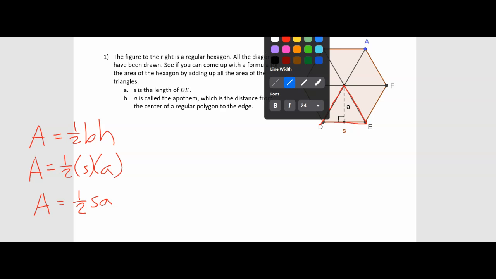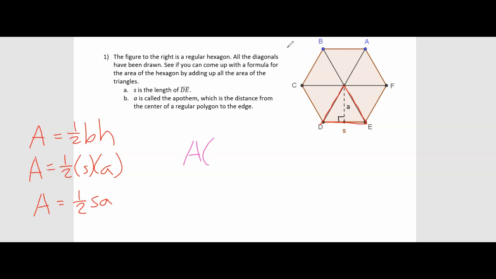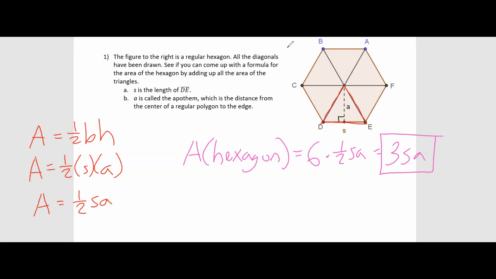Now the area of this whole hexagon: there are 6 of these triangles, so 6 times 1/2 times s times a is equal to 3 times s times a. So the area of a hexagon is 3 times the length of a side times the apothem.